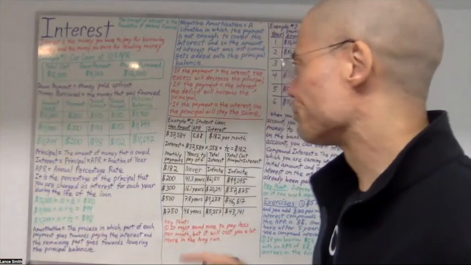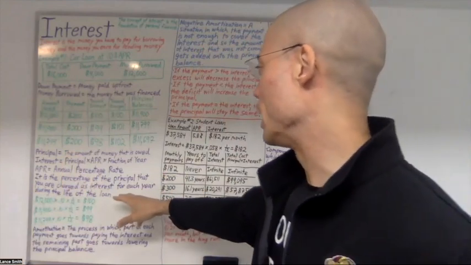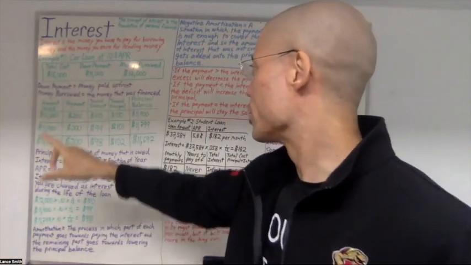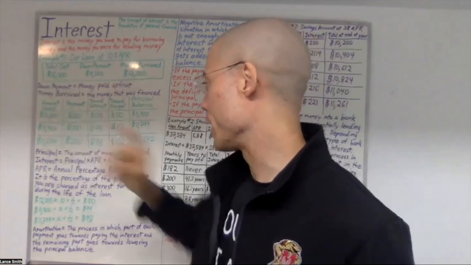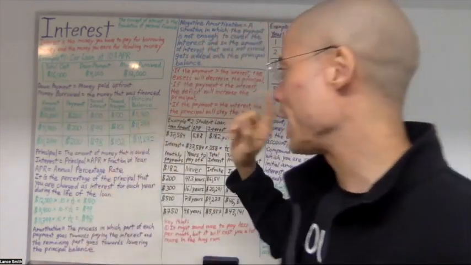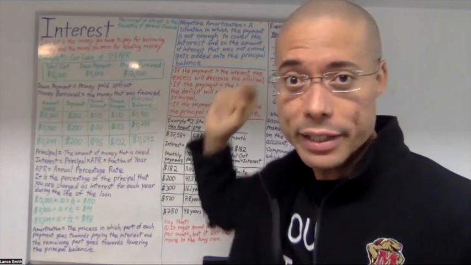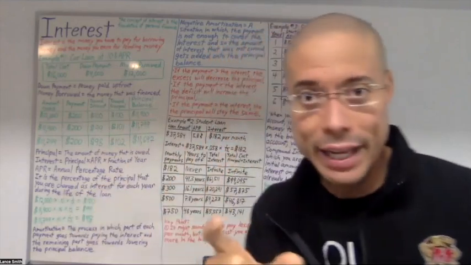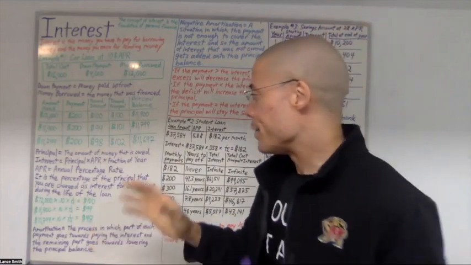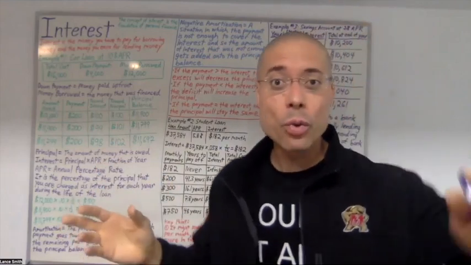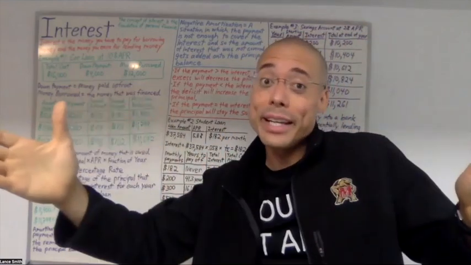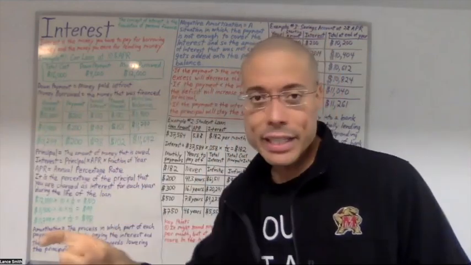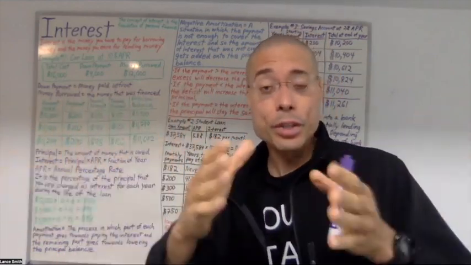So here's what we do. We take $12,000, and we multiply that by the APR, the annual percentage rate. So 12,000 times 10% will give us $1,200, but that's for the whole year, because the annual percentage rate is for the whole year, for 12 months.